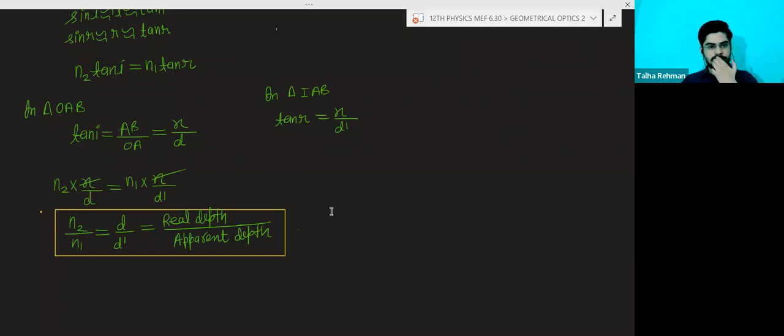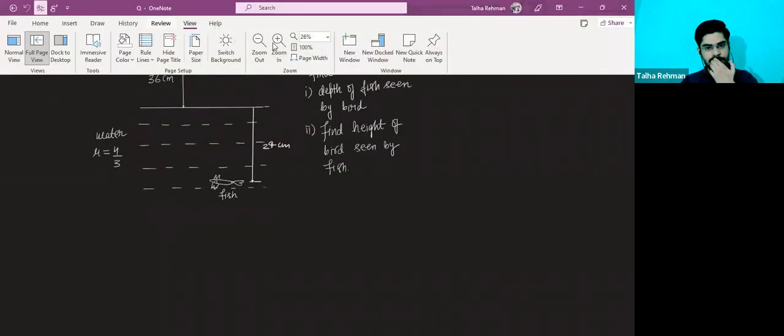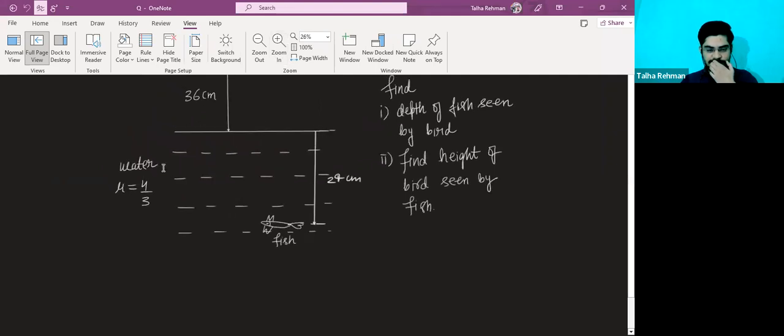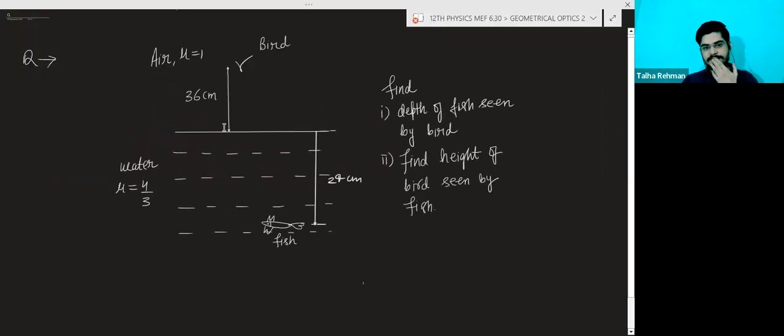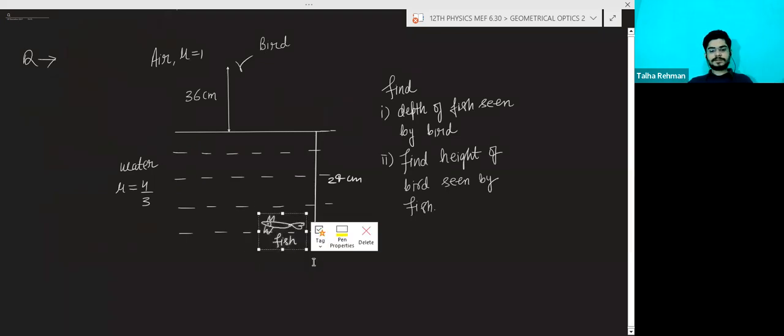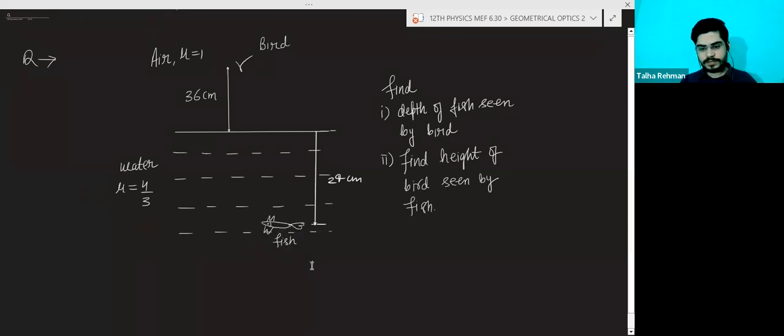This question. Here is the air, and a bird is flying in the sky, and there is a fish in the water. This is the interface between the air and water.